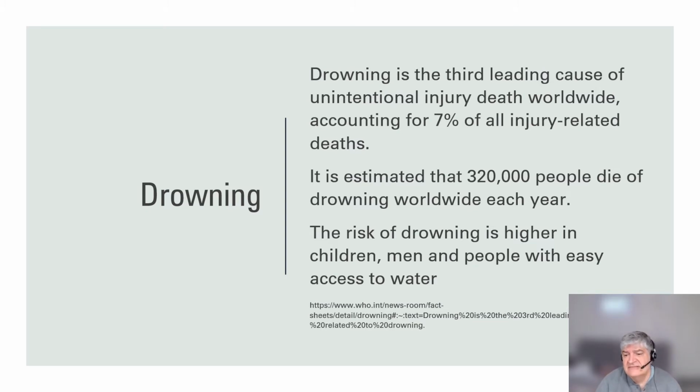The risk is higher among children, men, and people with easy access to water. People who work or live close to rivers or the sea are more affected by drowning. And another cause of drowning is floods, and we will talk about floods later.